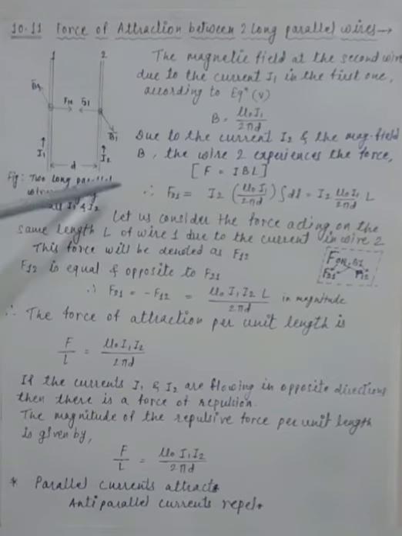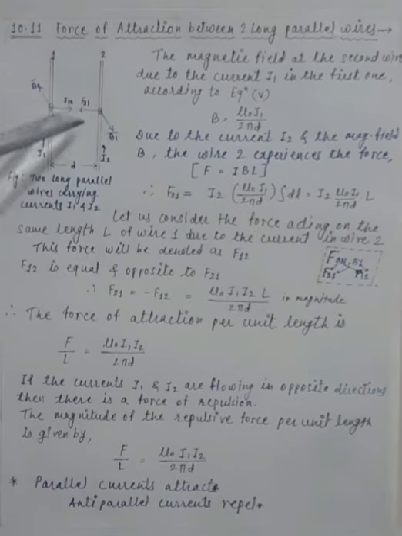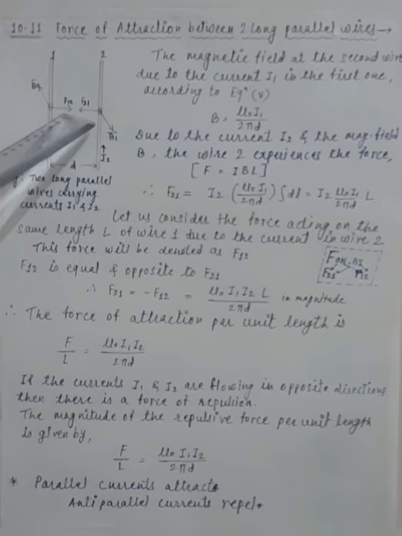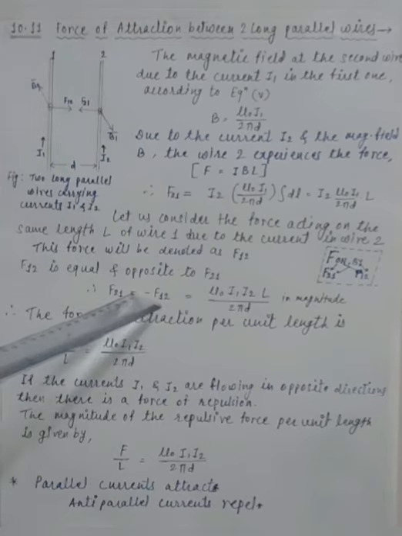Similarly, the current flowing through the second conductor produces a magnetic field on the first conductor. As the flow of current and magnetic field are perpendicular to each other, it experiences a force F12 which is towards the second conductor. Hence, the magnitude of both forces is equal but their directions are opposite.